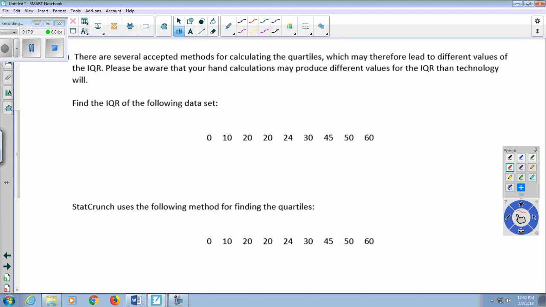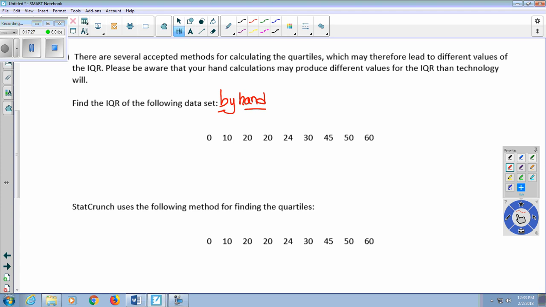There are several accepted methods for calculating quartiles. We're first going to do it by hand, and then we're going to see how StatCrunch does it, and you'll see that the method that we use by hand, which is the typical method, is slightly different than StatCrunch, but that's okay. I just want you to be aware of it.